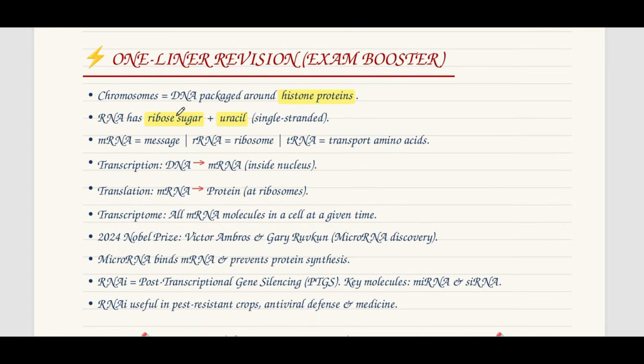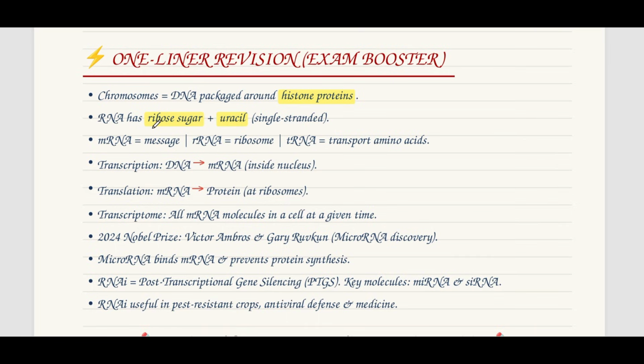Chromosomes are present in the nucleus, and the chromosome has DNA packaged with histone protein.